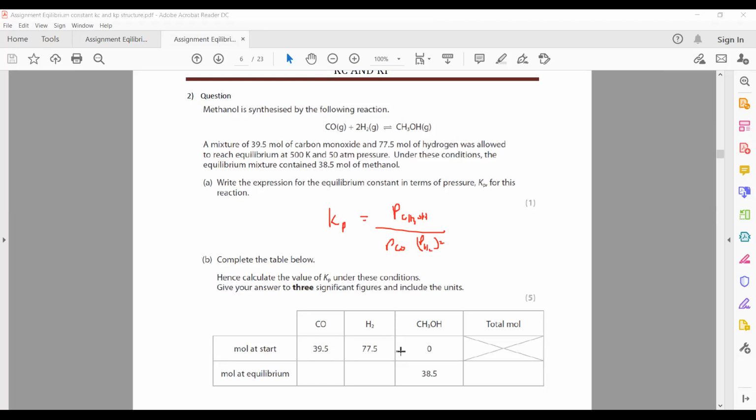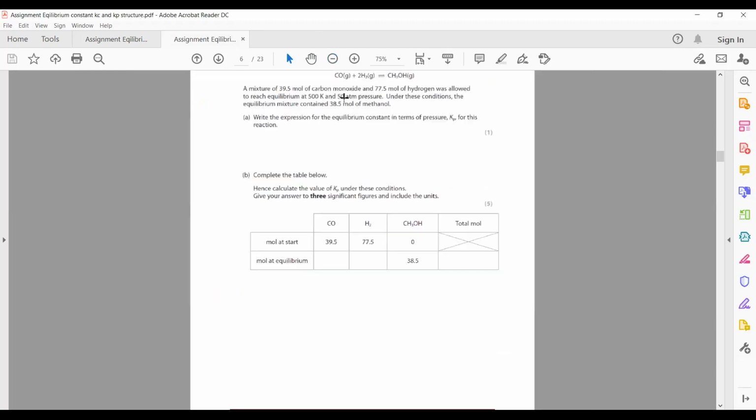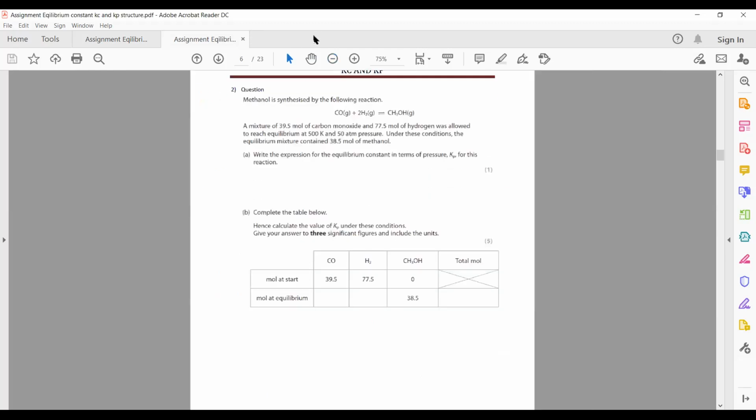So complete this table, because of the ratio between them. As you can see, originally it is 39.5, 77.5, 0. At equilibrium, 38.5. So how many moles of hydrogen?